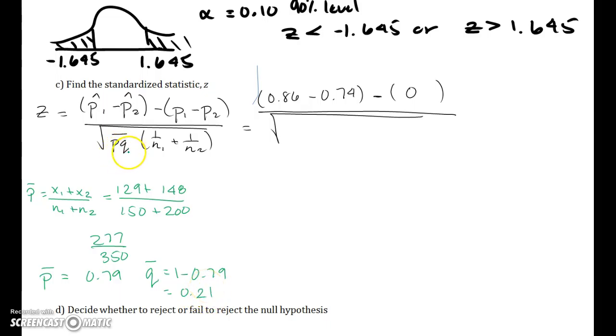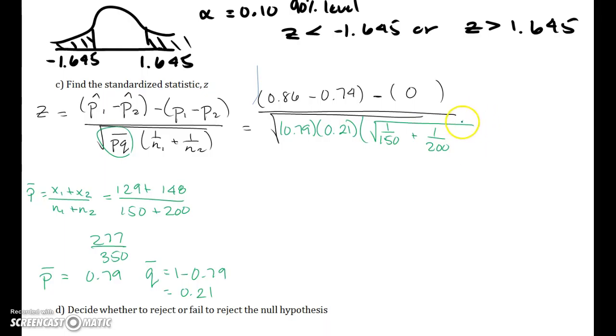Okay, so we're going to put that in right here. My p bar, 0.79, times 0.21, multiplied by the square root of 1 over n1, so 1 over 150, plus 1 over n2, so 1 over 200.